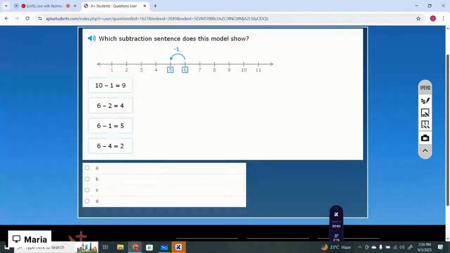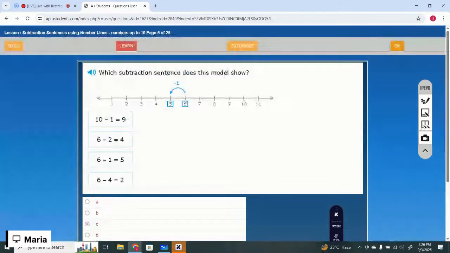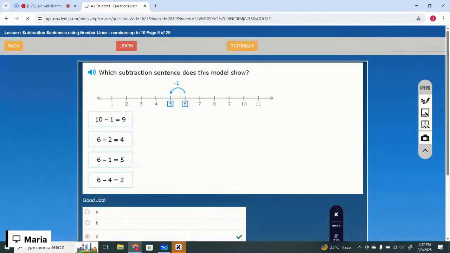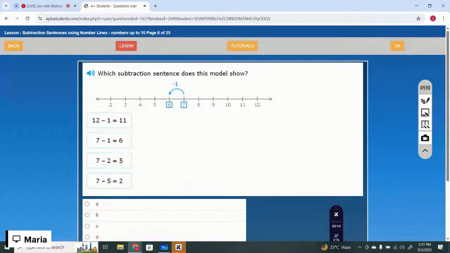Option number C is the correct option. So you start with 7. 7 take away 1 is 6. Option number B is the correct option.